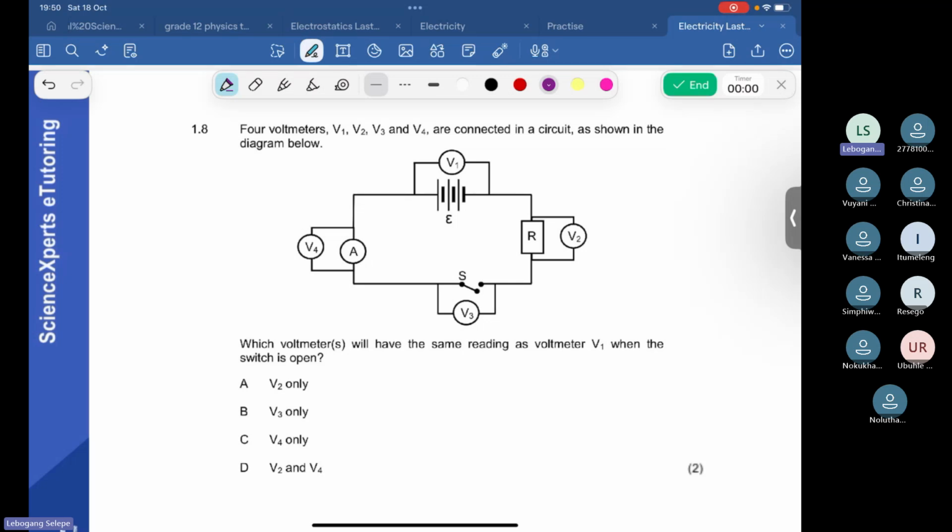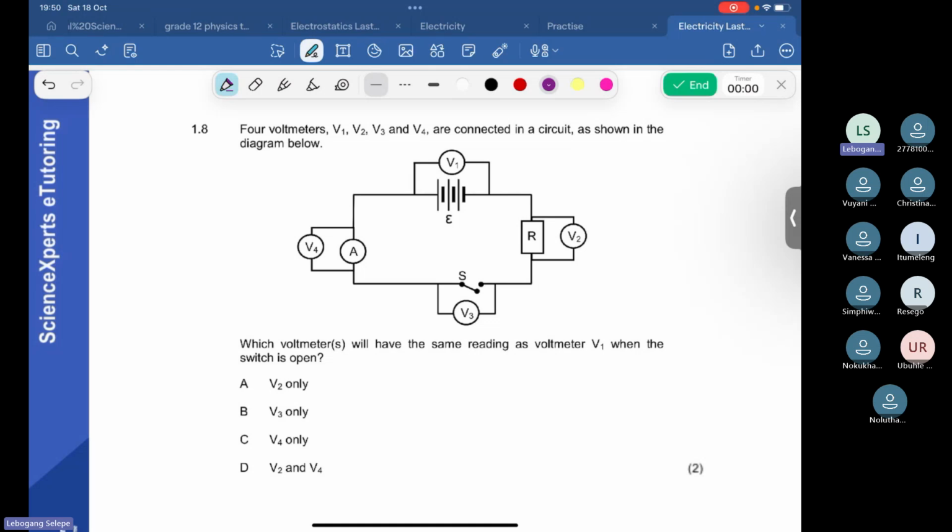What's your answer to this one, guys? Yeah.